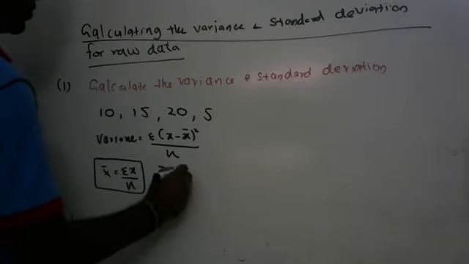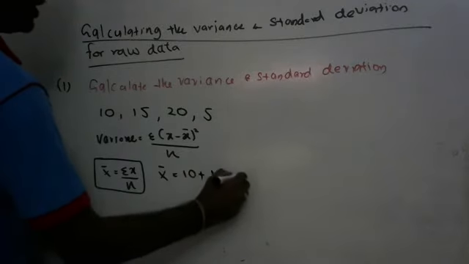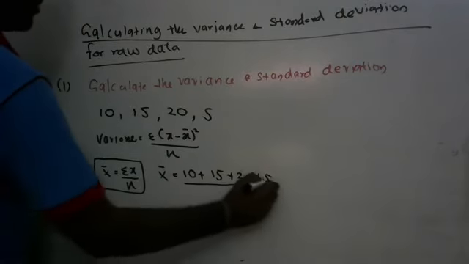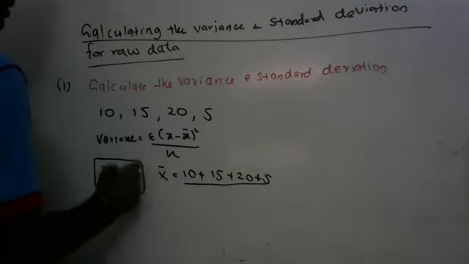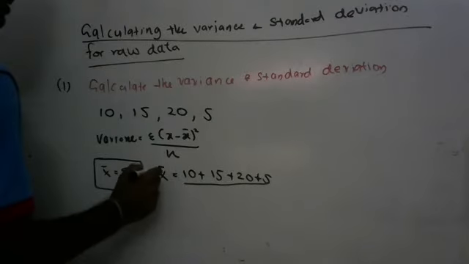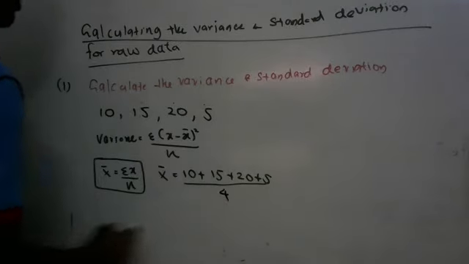X bar equals 10 plus 15 plus 20 plus 5, divided by the number of values. How many numbers? 1, 2, 3, 4, so 4 numbers.